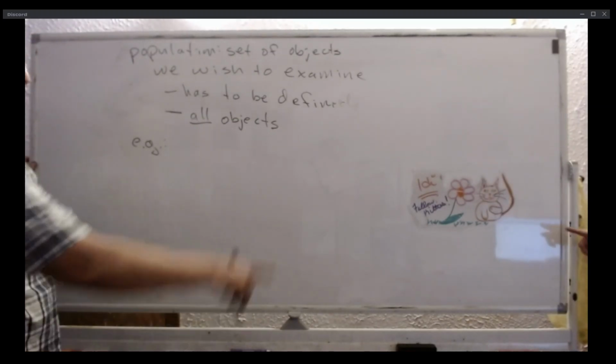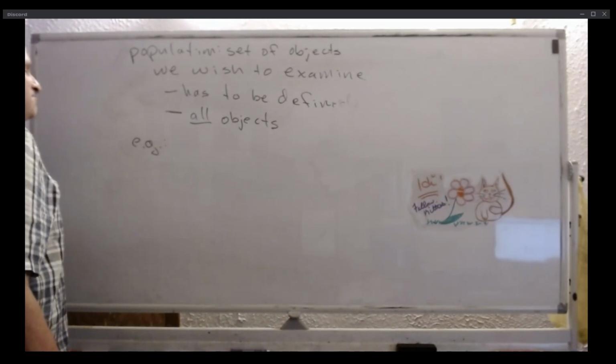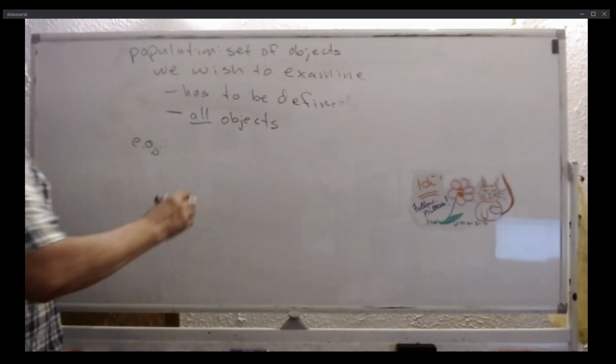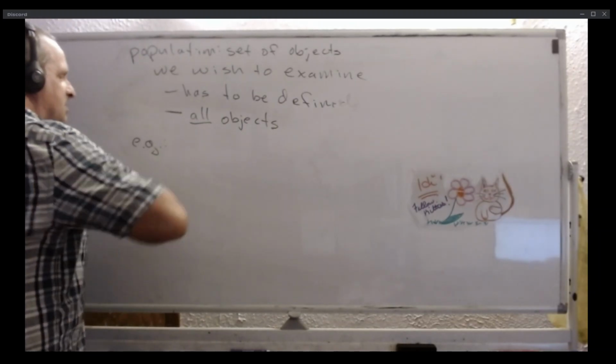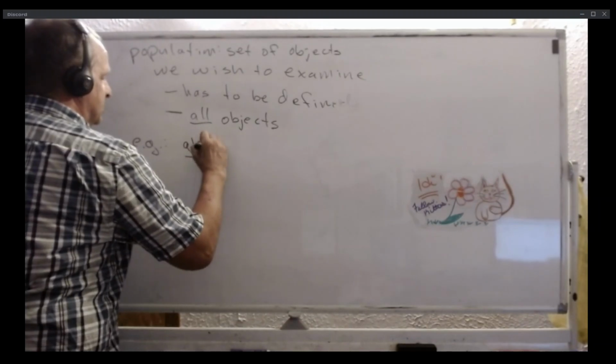For example, a population could be, I left your artwork there, dear. For example, it could be the global human population.